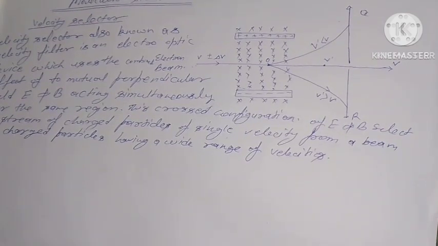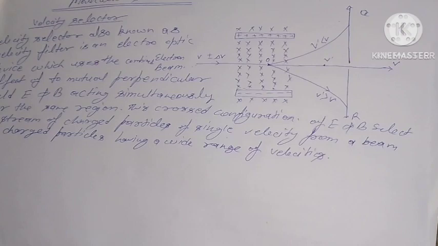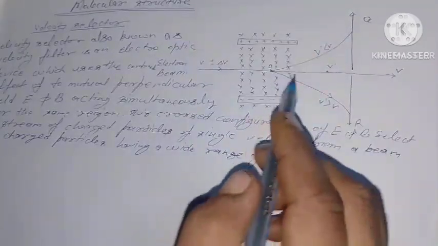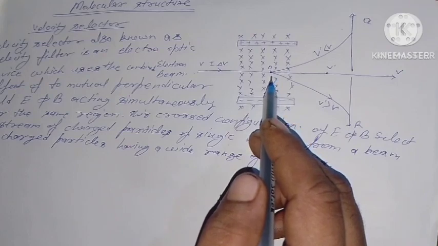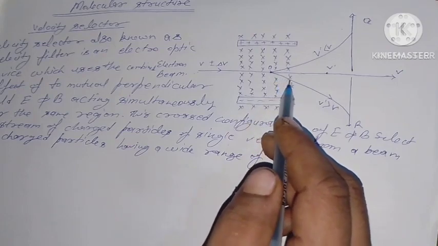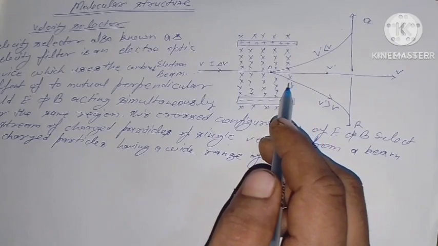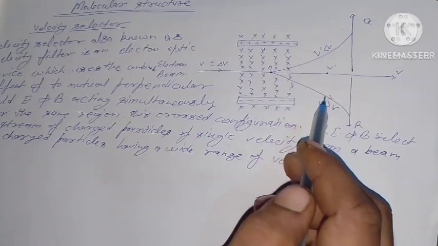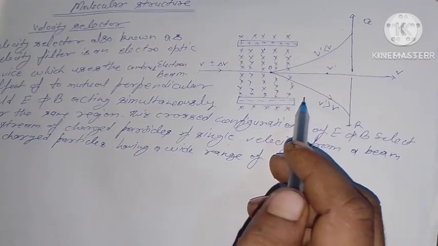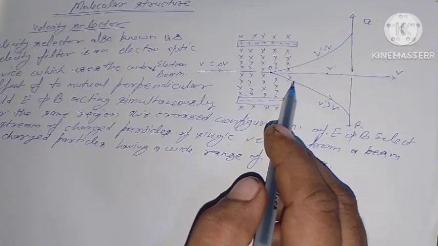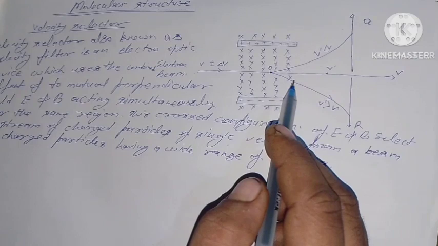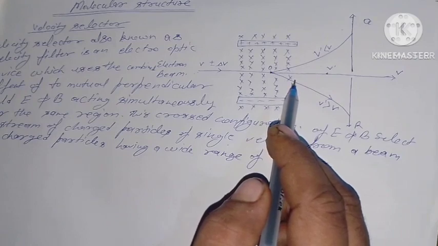Here the electric field E is produced in the vertically downward direction, the minus y-axis, by a set of charged plates, and a uniform magnetic field B is applied perpendicular to it, acting into the paper.